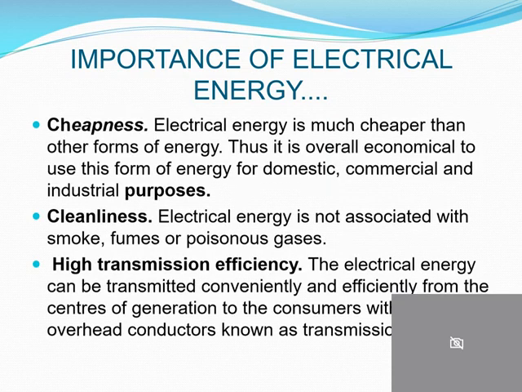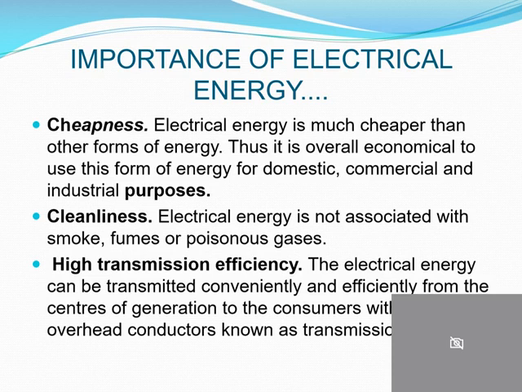It's cheap. Electrical energy is much cheaper than other forms of energy out there. Gas is expensive, fuel is expensive. Hence, electrical is a cheaper type of energy. Thus, it is overall economical to use this form of energy for domestic, commercial, and industrial purposes.